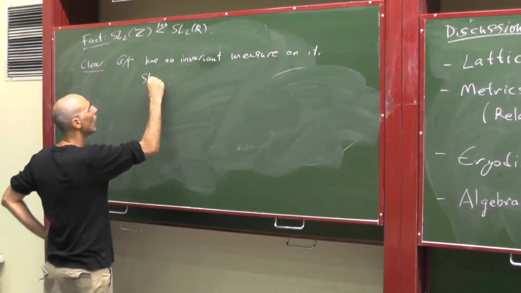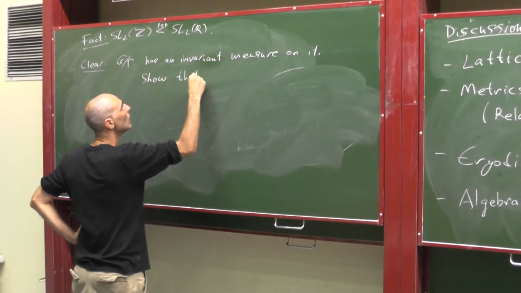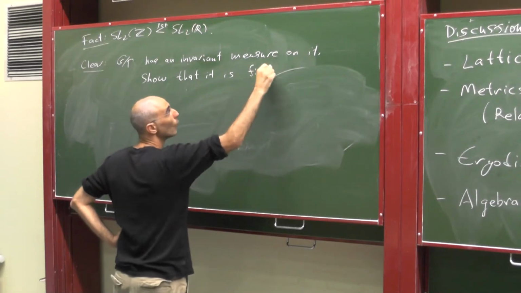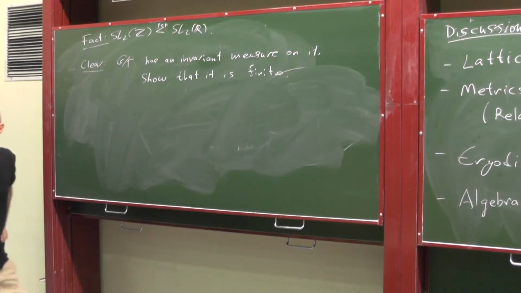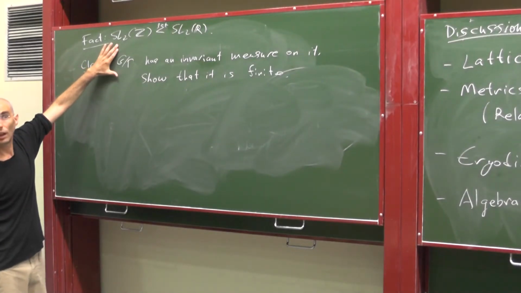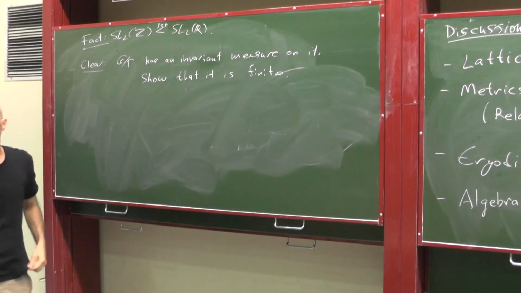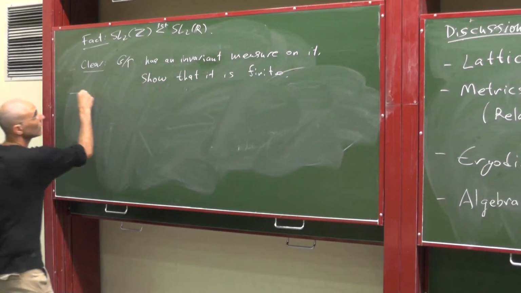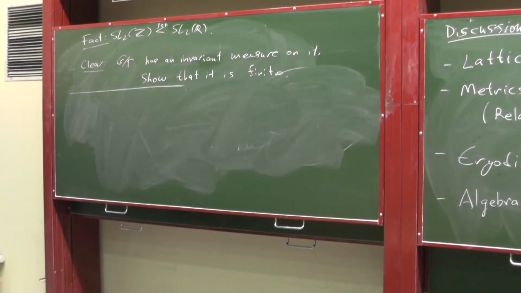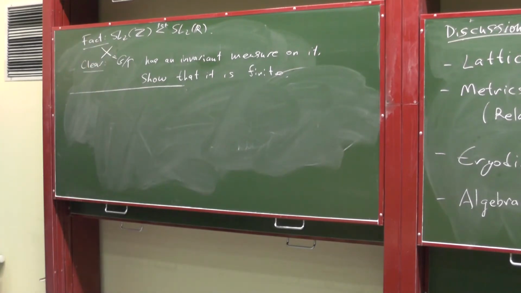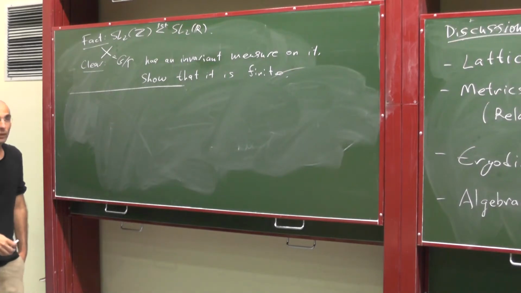What I want to argue is that it is finite, up to normalization. So there is an invariant measure and it is unique up to a scale. Finiteness means that I can think of it as a probability measure. So maybe to start with, I need to understand the space X, G mod gamma. What is this space? Concretely, not as a coset space.